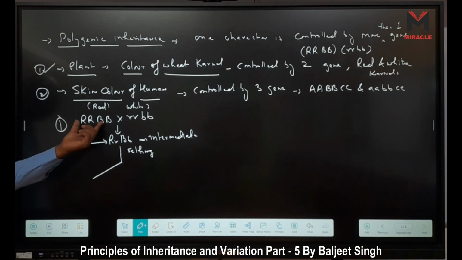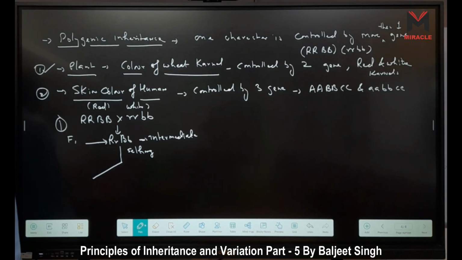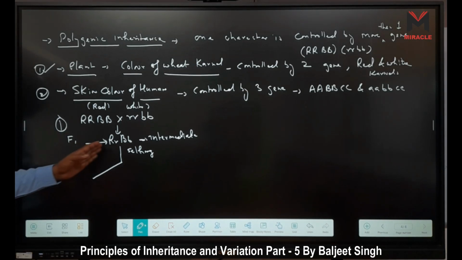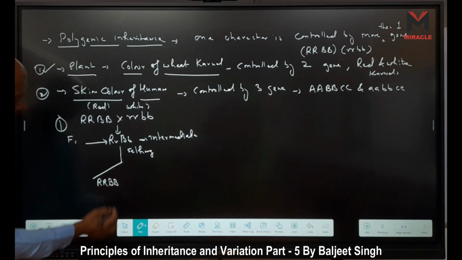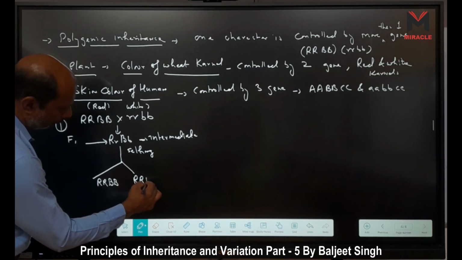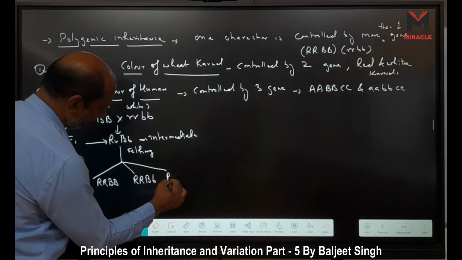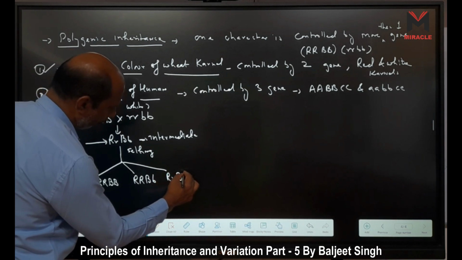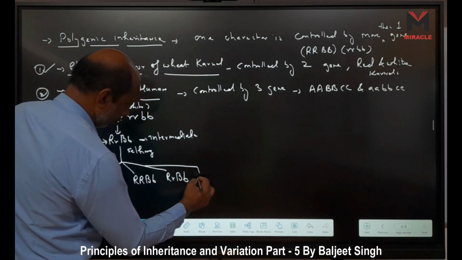Here 4 are there: if all 4 capitals are present, then it is totally full red. We can get here capital R, capital R, capital B, capital B. Second means capital R, capital R, capital B, small b. Third means capital R, small r, capital B, small b. Fourth means it may be small.